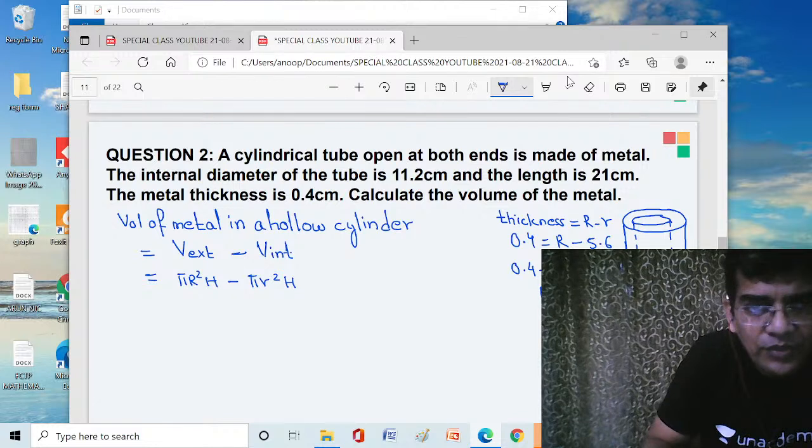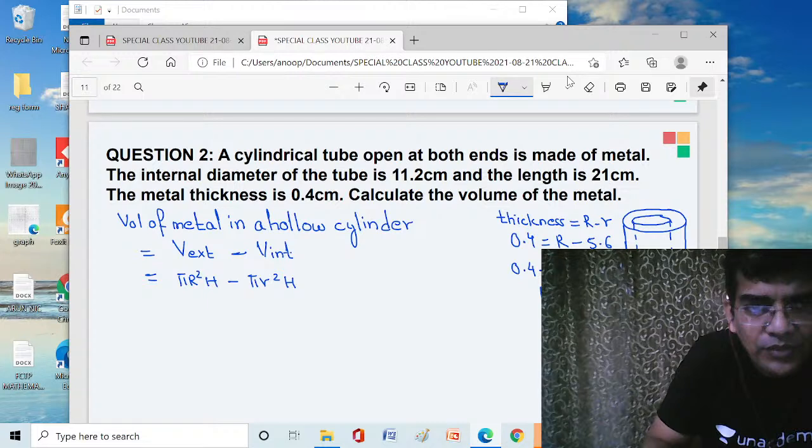So here I can arrange it by taking pi and h common. Pi will be replaced with 22 by 7. Capital R is 6. Now you see this formula can further be rearranged.